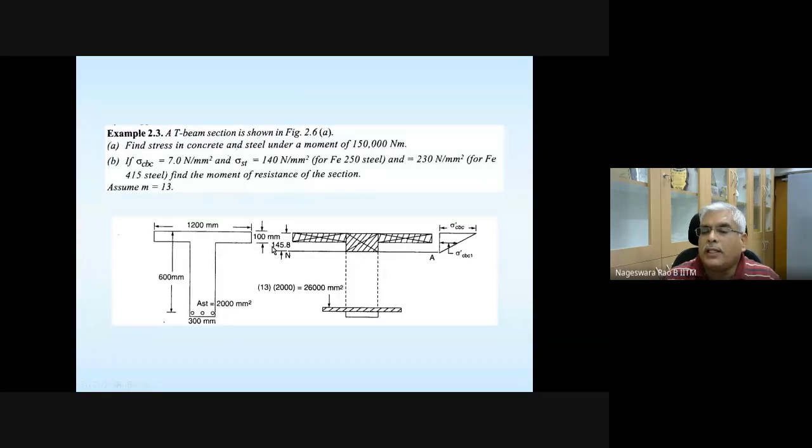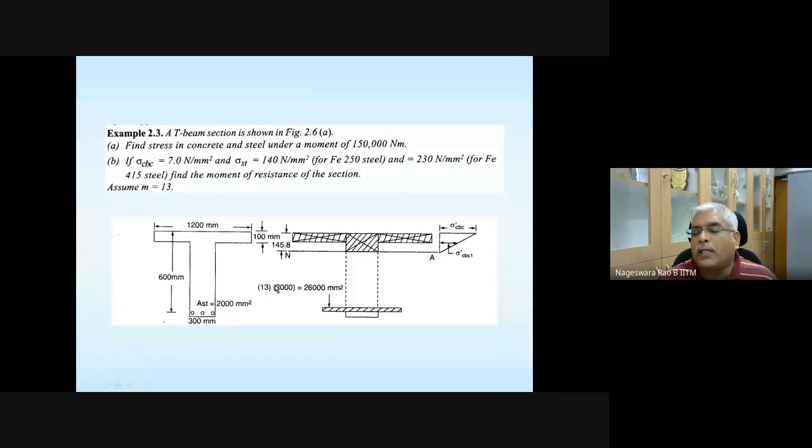Okay, and then you take moment of that about the bottom of the flange, and also you take moment of the steel, in the sense you need to convert into equivalent concrete. M times modular ratio times the area of steel, and there is no M minus 1 here.